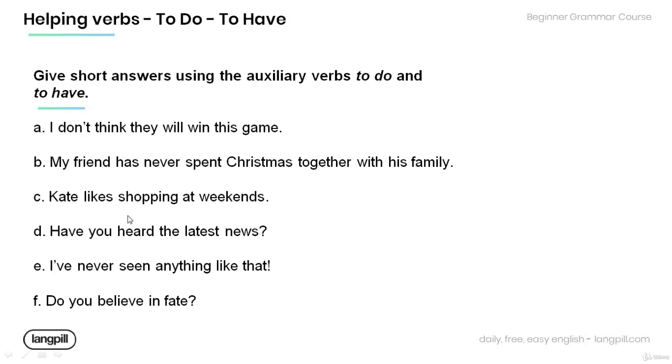C. Kate likes shopping at weekends. D. Have you heard the latest news? E. I've never seen anything like that. F. Do you believe in fate?